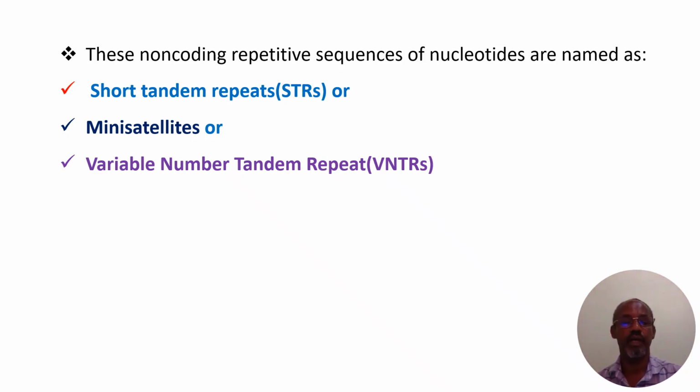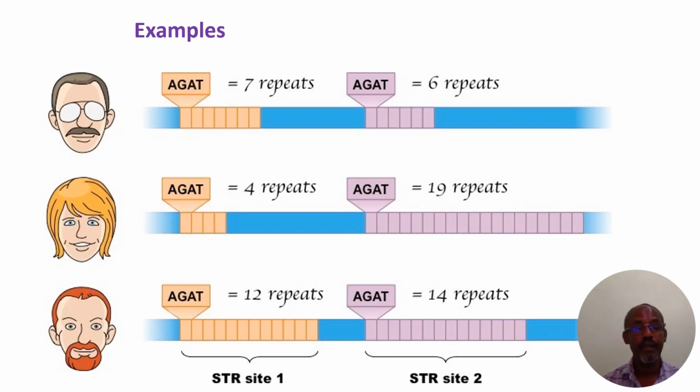I do have an example here. Therefore, don't forget, the non-coding repetitive sequences of nucleotides are named short tandem repeats, mini satellites, or variable number tandem repeats. This is my example. Look at this personality, the man with glasses at the top. Say AG repeats. How many times does it repeat in this personality? It has AG, 7 repeats, at one part of the DNA.